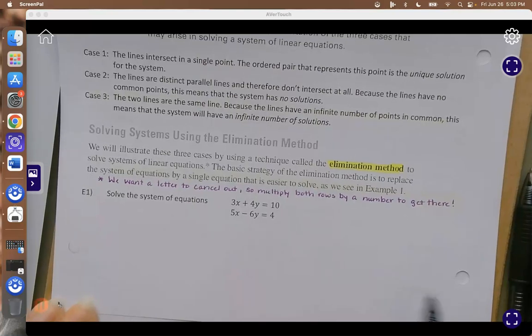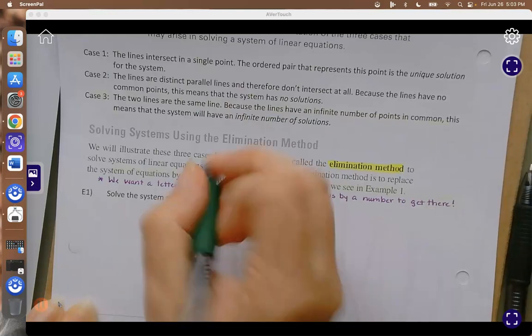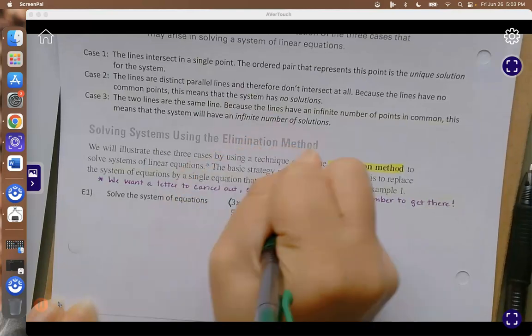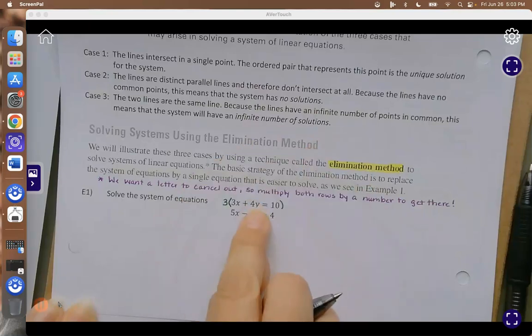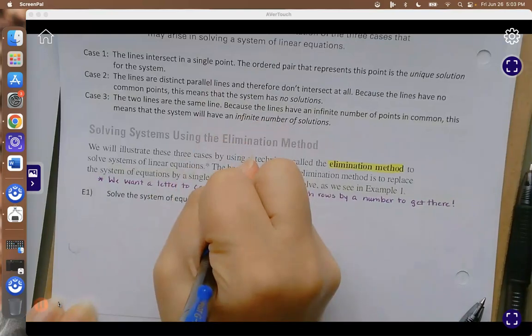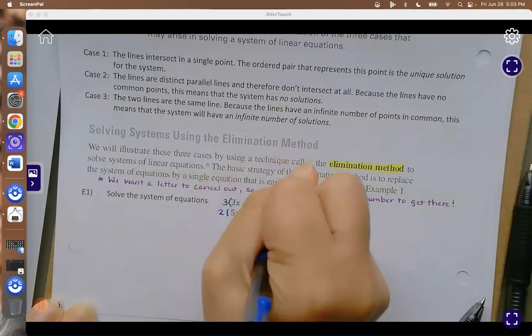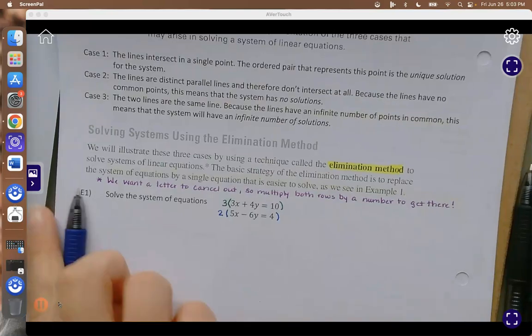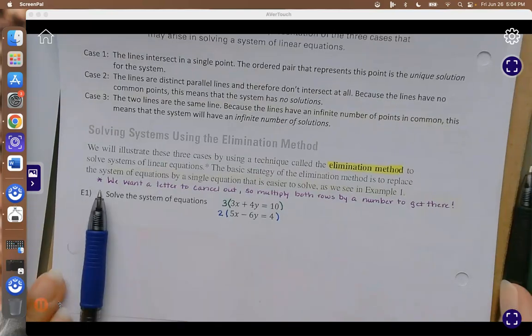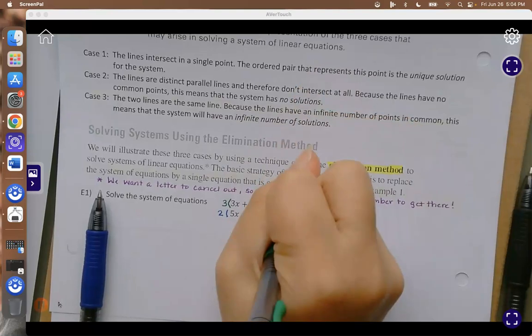Now, what we can do is multiply this top row by 3 to turn that into 12, and multiply this bottom row by 2 to get that to be negative 12. That way our y's will go away. But we have to multiply the whole row by that number. We can't just go multiplying one piece of that row.